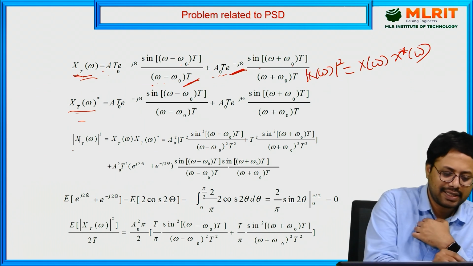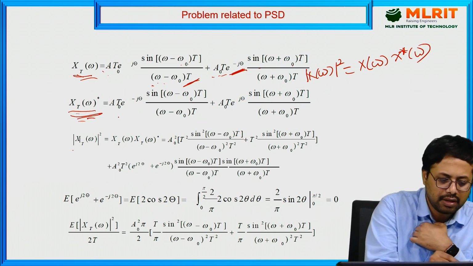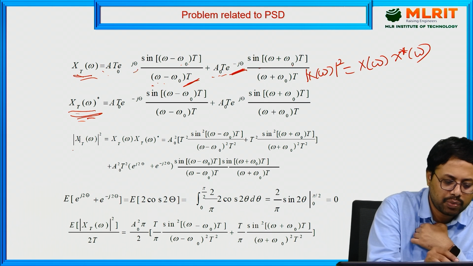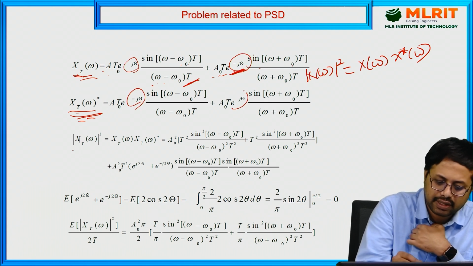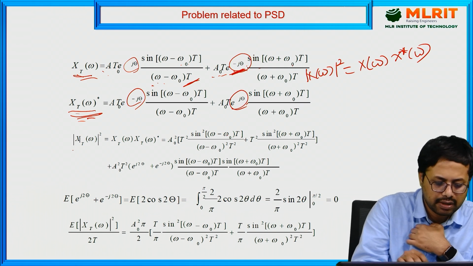We calculate the conjugate of the same thing: whatever has a positive sign gets a negative sign, and whatever has a negative sign gets a positive sign. Next, multiply both.